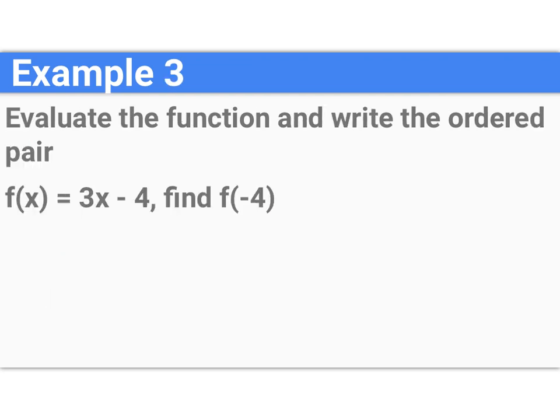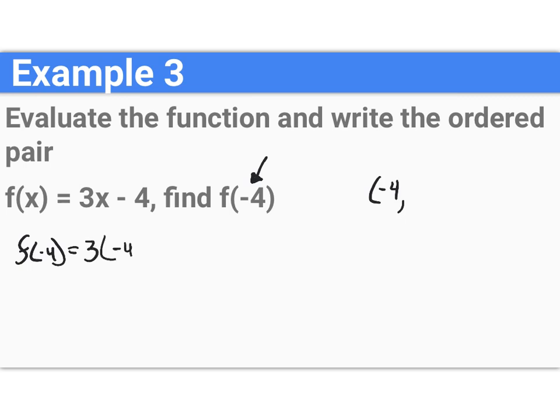All right, evaluate the function and write the ordered pair. So f of x equals 3x minus 4. Find f of -4. Since it is f of x, this is our x value. This is the number we substitute in. So our coordinate point will be -4 and whatever our output is. So f of -4 equals 3 times -4 minus 4.